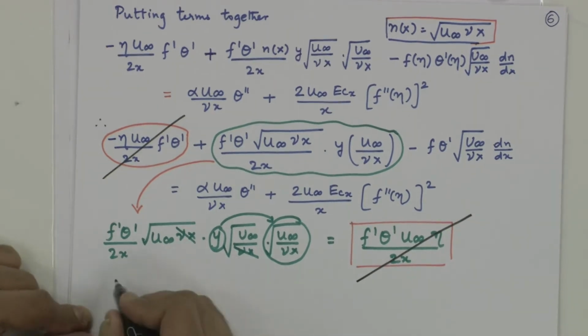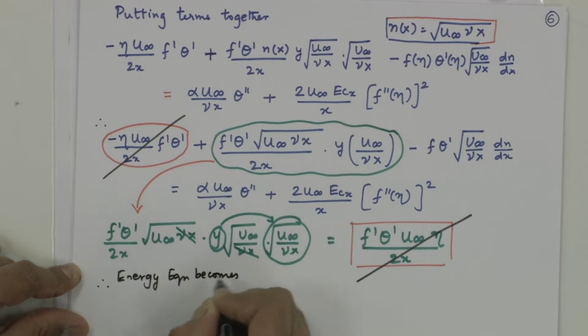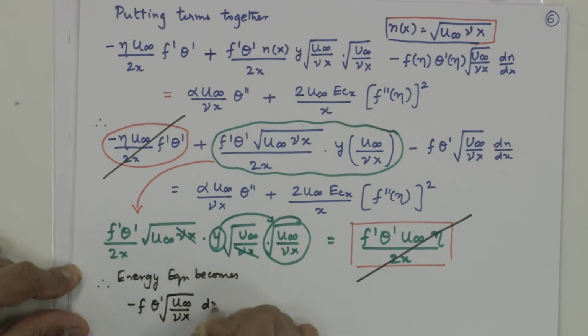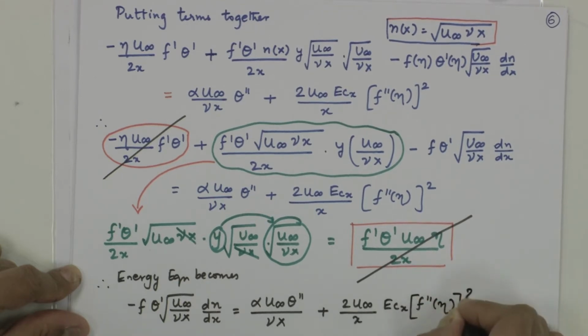Okay, that is why I will be left with the energy equation becoming: minus f theta prime u infinity by nu x dn by dx is equal to alpha u infinity theta double prime over nu x plus 2u infinity over x local Eckert number f double prime of eta the whole square.